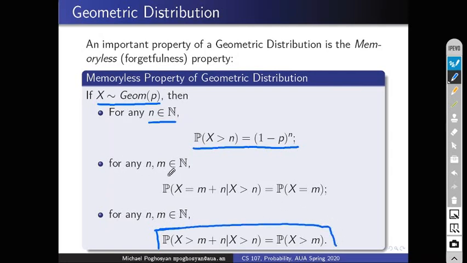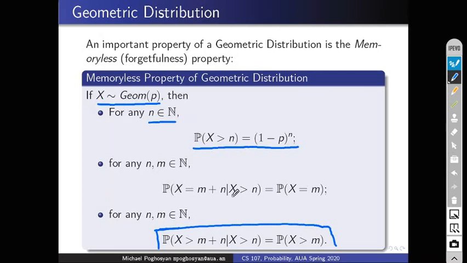Okay, let's talk about the second property. The property is the following. If X is a geometric P random variable, then the probability that X is equal to m plus n, given that X is larger than n, is exactly equal to the probability that X is equal to m.